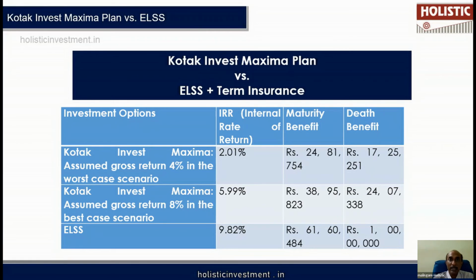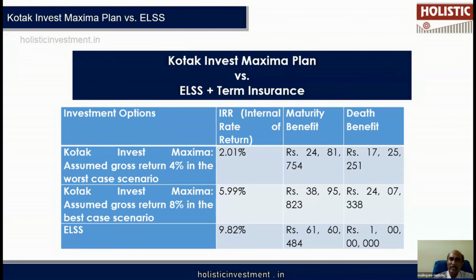You are getting much higher insurance benefit. You are also getting much higher maturity benefit. That way, 9.82% is definitely a risk premium return. 9.82% is a good inflation beating return. 9.82% is a good long-term return.